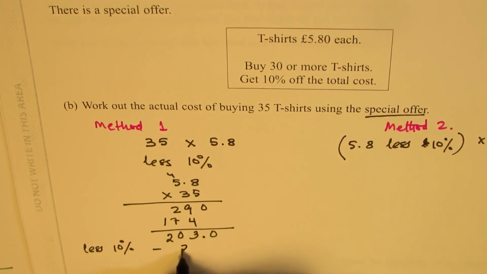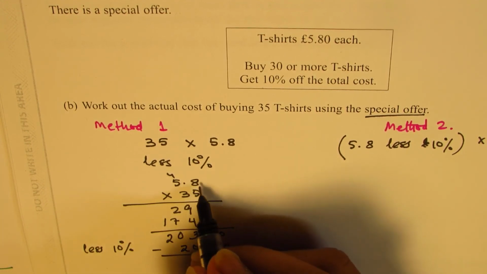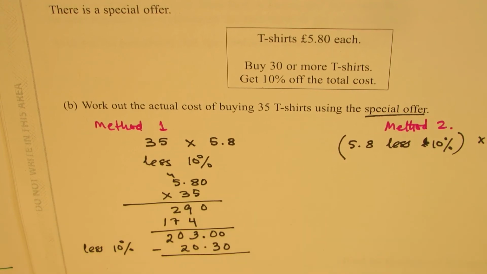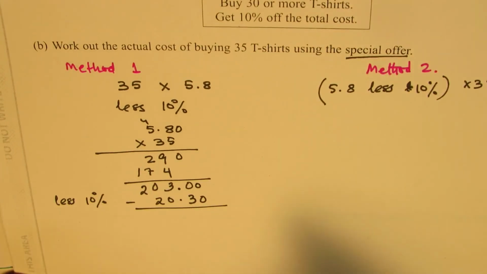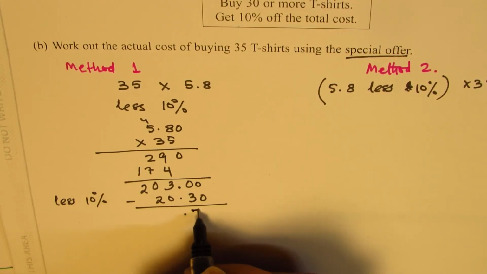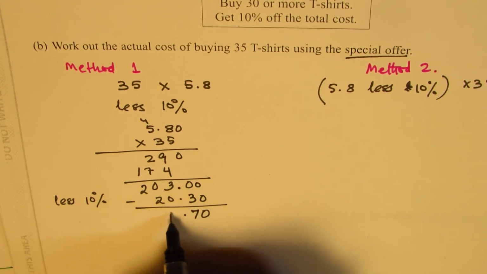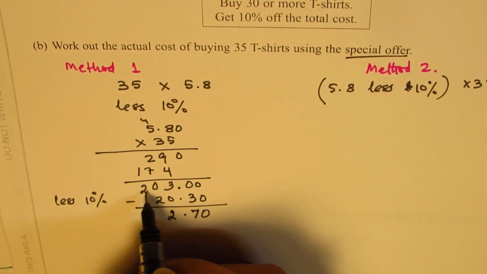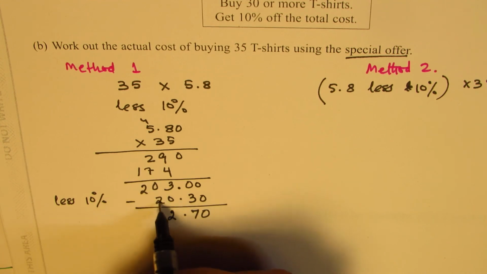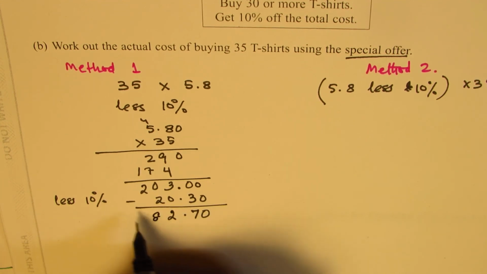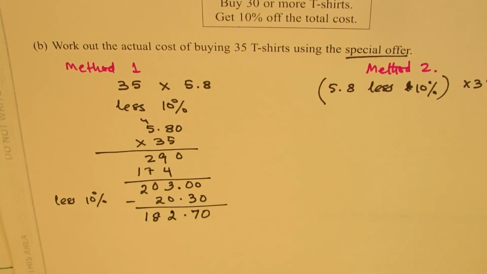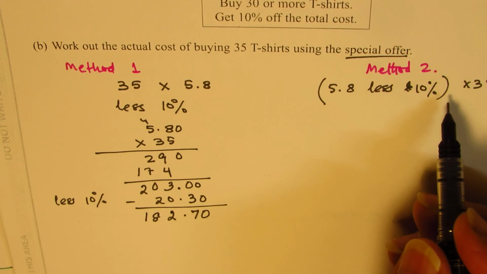That means less 20.3, right? Is that clear? Because there was a 0 here, so we can add that 0. So when you do this subtraction, we get 182.70.